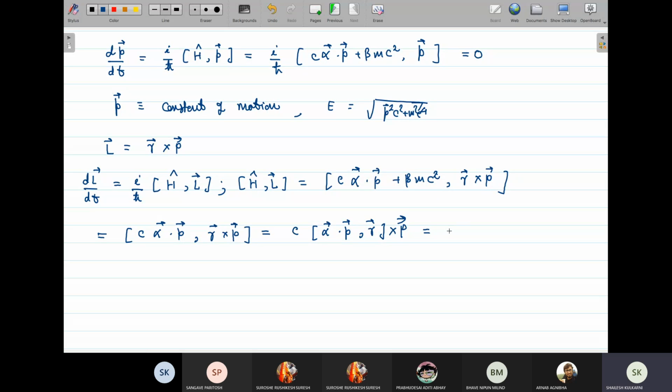So it will be minus i c h cross, alpha cross P. So this will be i h cross c P cross alpha. Now you see this is not 0.